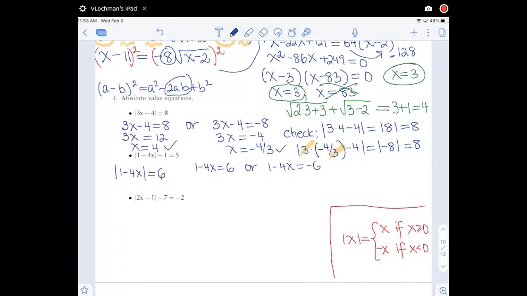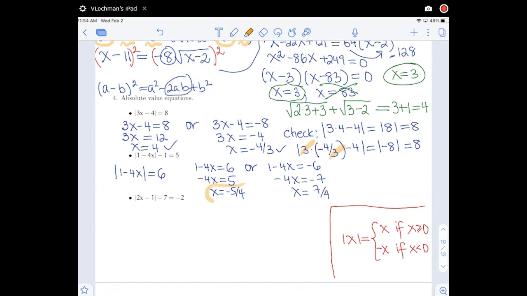Then these are easy to solve. 6 minus 1, that's 5, so x is equal to negative 5 over 4. That's our first scenario. What about here? Negative 4x equals negative 6 minus 1, sorry, that becomes negative 7. Then x is equal to negative 7 divided by negative 4, that's positive 7 over 4.